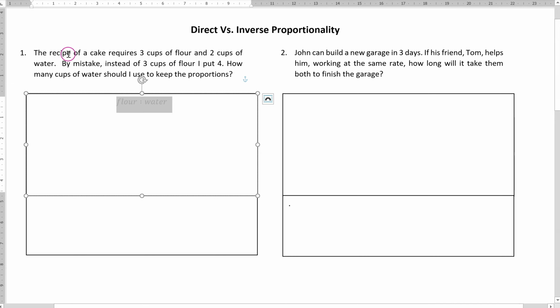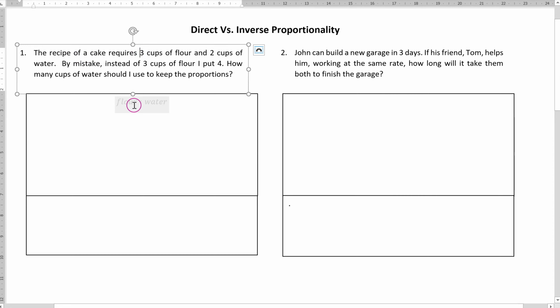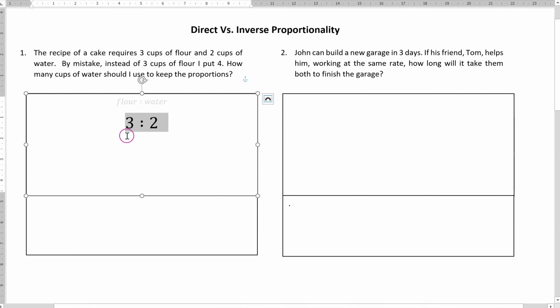First of all, we're going to start by looking at the question, and we know that it's about flour and water. Let's put the data in here to use it, obviously. We have 3 cups of flour and 2 of water.